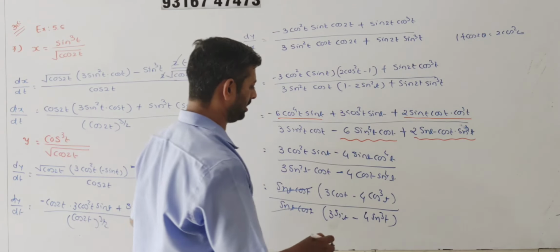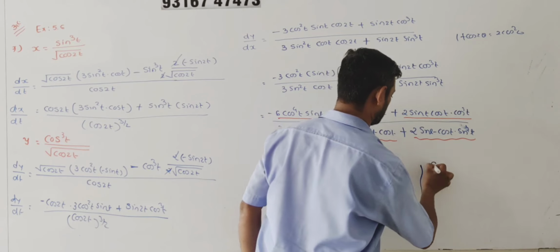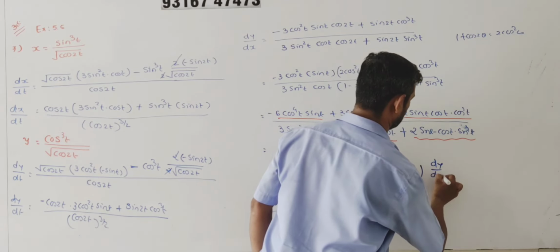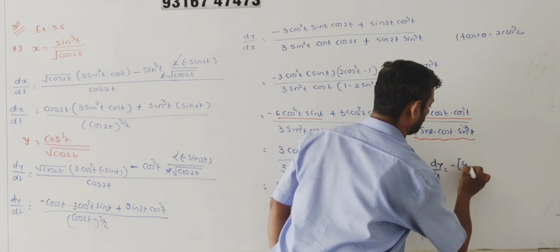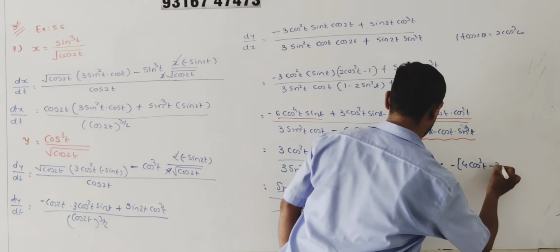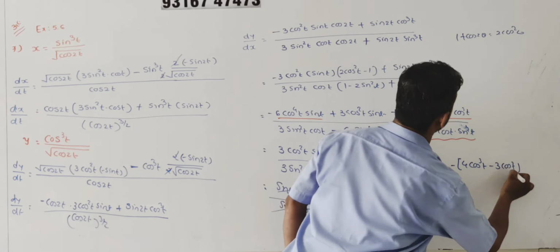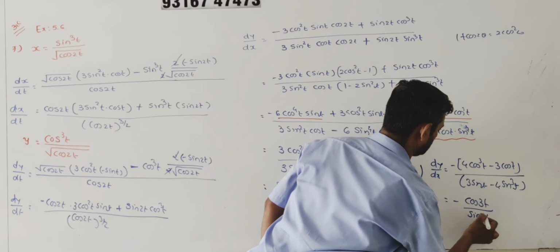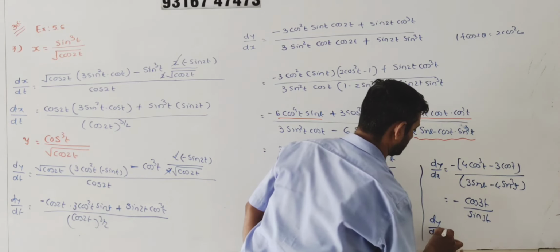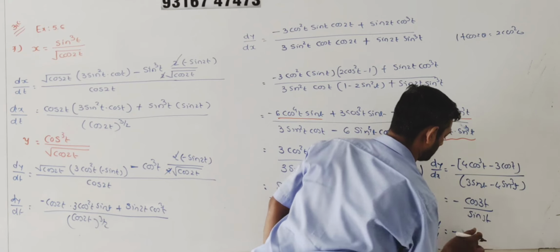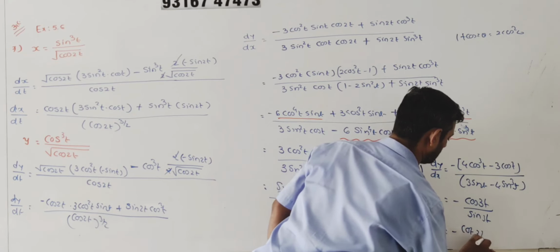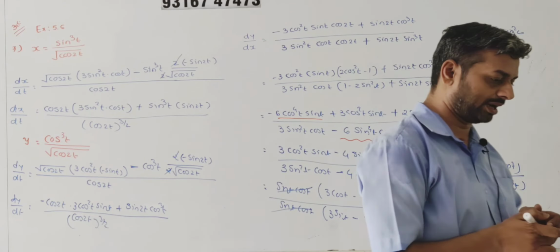If I take a common minus here, what will happen? dy by dx is equal to minus 4 cos cube t minus 3 cos t upon 3 sin t minus 4 sin cube t. So this is minus 4 cos 3t upon sin 3t. So your dy by dx is equal to minus cot 3t. Your final answer is minus cot 3t.